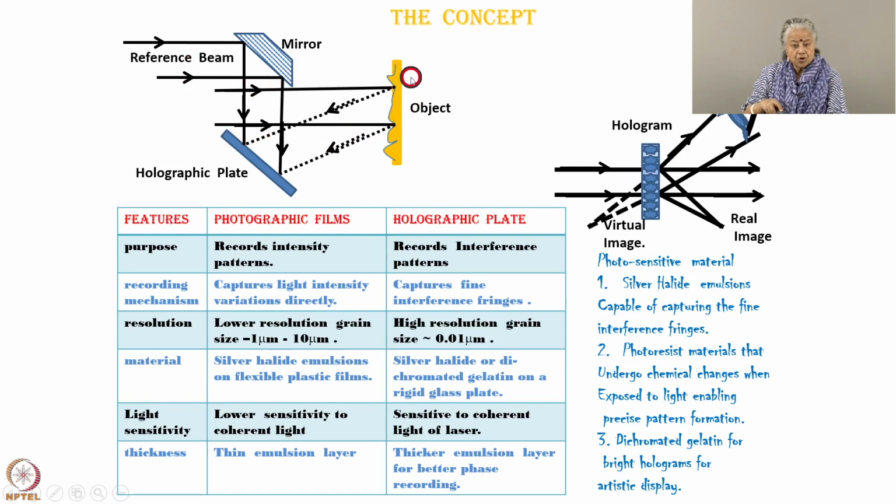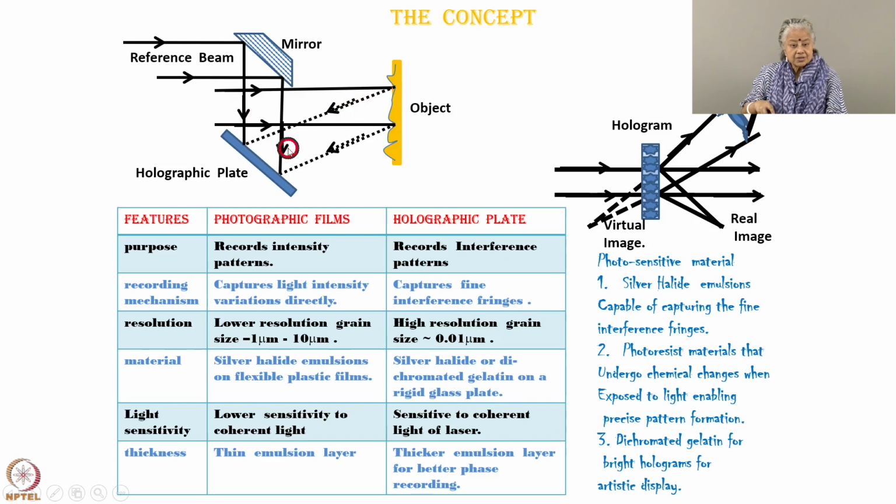It illuminates that object, and then the waves that come out from this object and this particular reference wave, these two interact with each other, and they form a pattern which is recorded on this holographic plate. I can call this reference beam, by analogy with the high frequency carrier wave, and this beam is the signal.